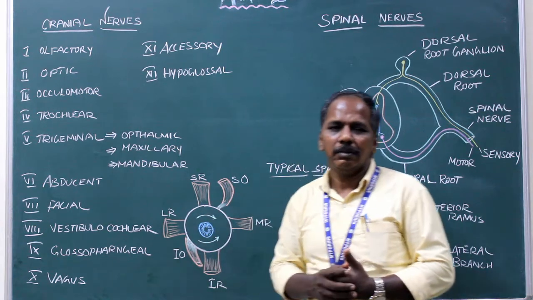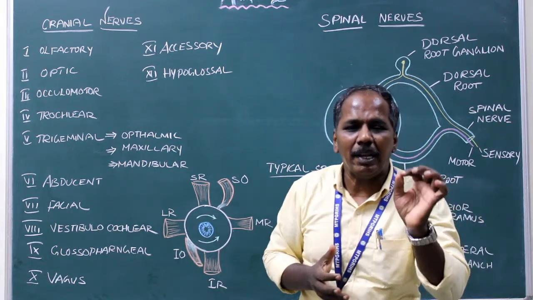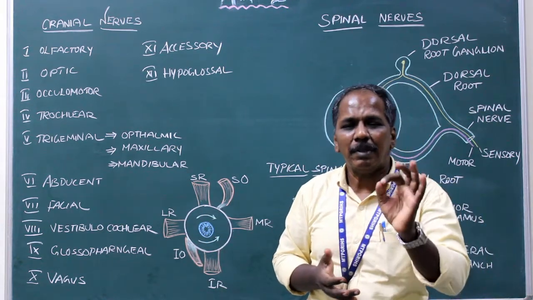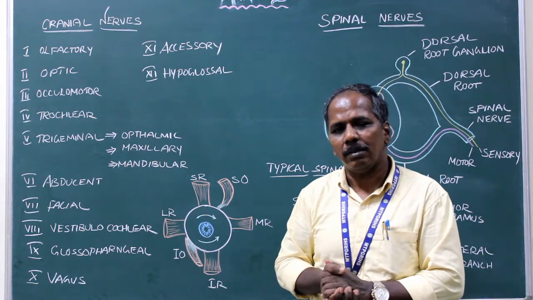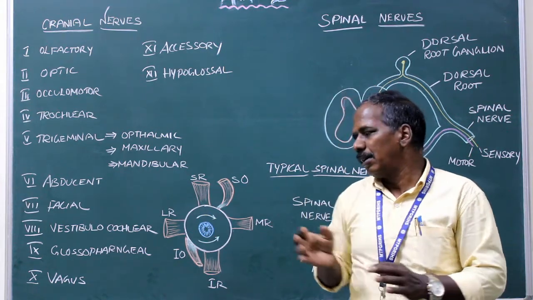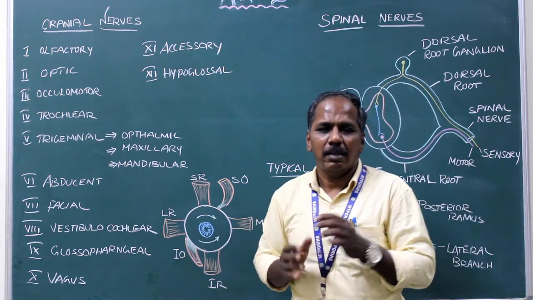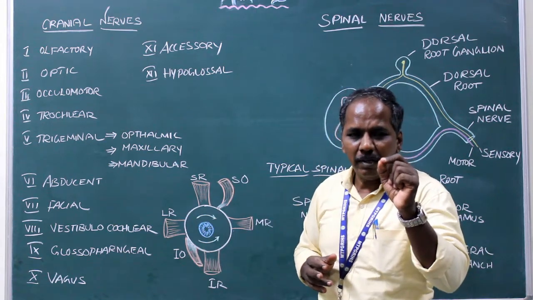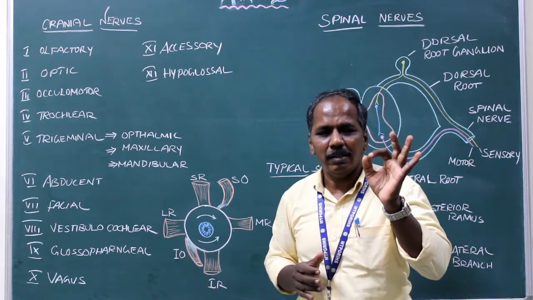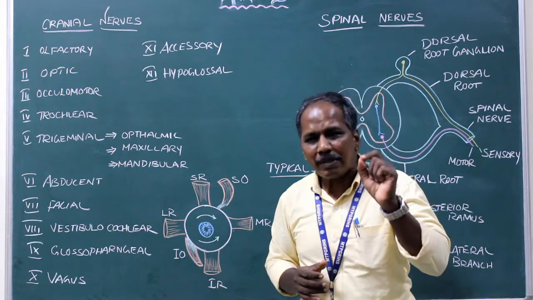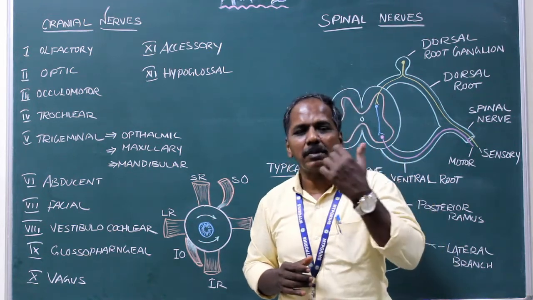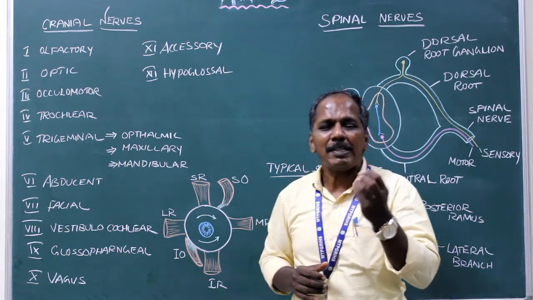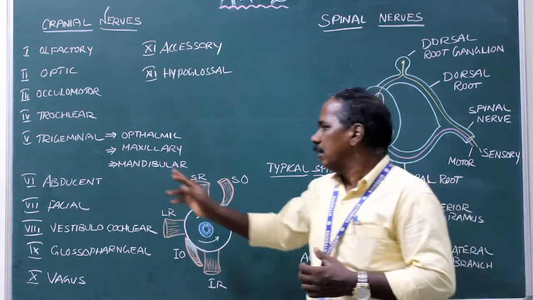Facial nerve, the seventh cranial nerve. It is a mixed nerve. Sensory: a branch from the facial nerve known as chorda tympani is special sensory to the anterior two-third of the tongue, that is, it carries taste sensation.